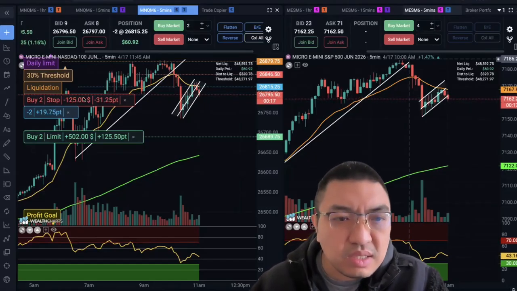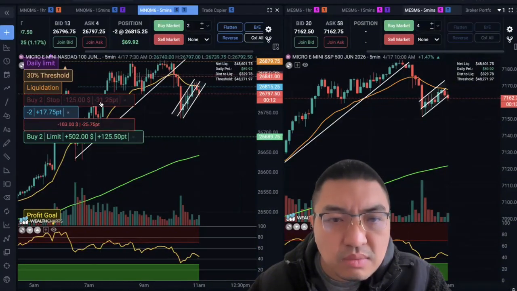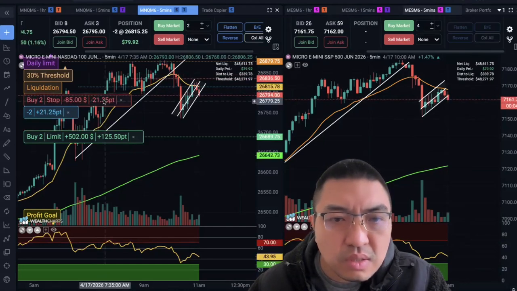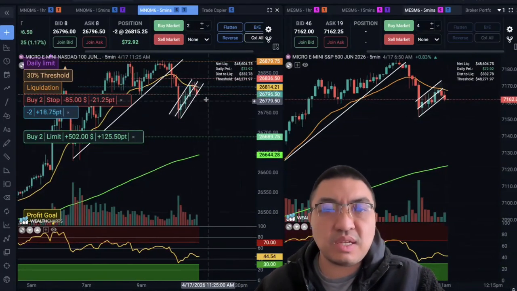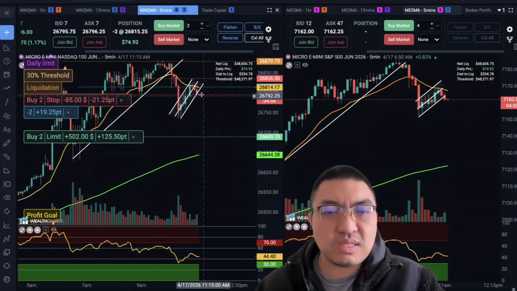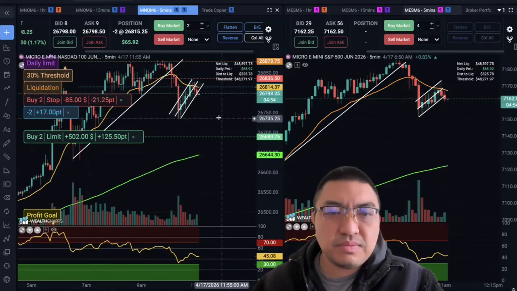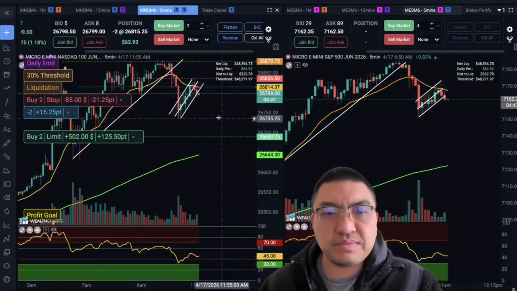This time, I think I can move my stop loss something closer, reduce my loss a little bit. Because out of here, if you bounce back, that means this is just a retest, and you keep continuing going up. We'll see from there.